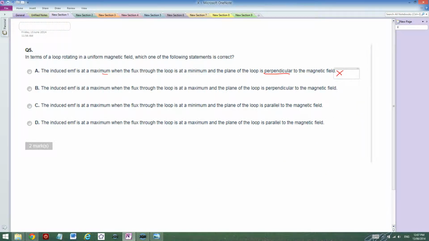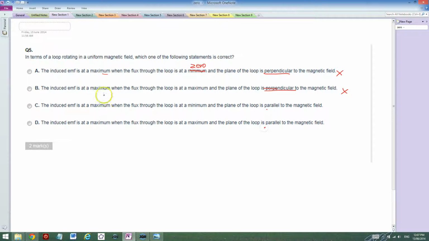There's something wrong with this question. What they mean is when the flux through the loop is 0. That's what the question means. However, statement 1 is wrong because of this perpendicular. Statement 2 is also wrong, because of the perpendicular.